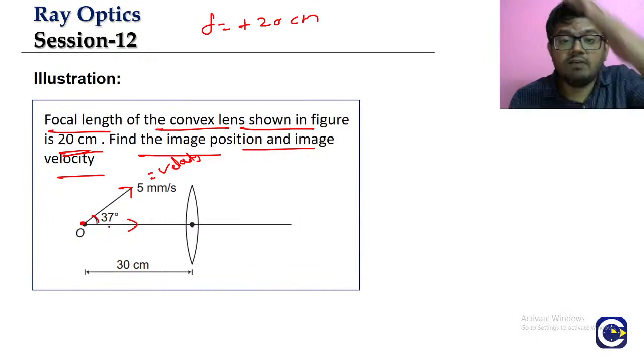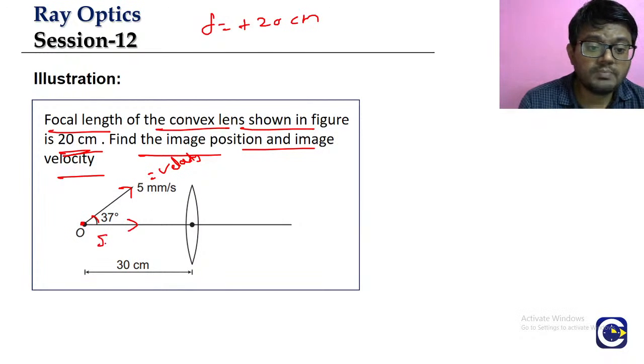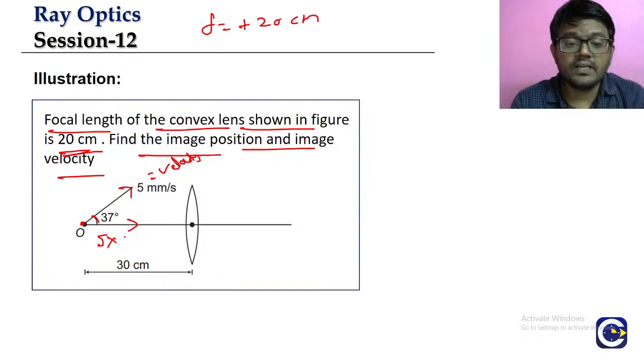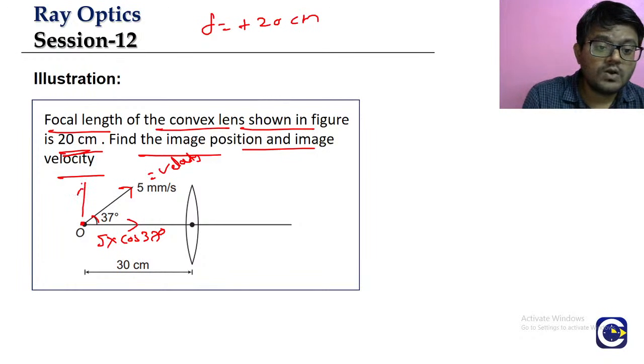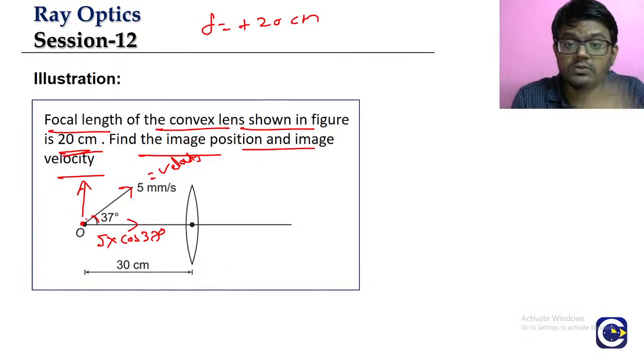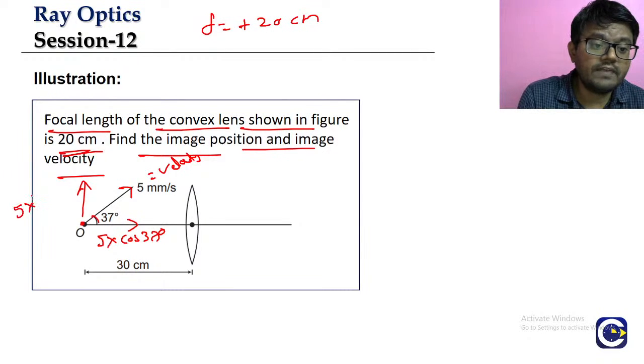Then the velocity of the object, we can take the components. What will be the components? 5 into cos 37. That will be the component along the axis. What about the component perpendicular to the axis? 5 into sin 37.